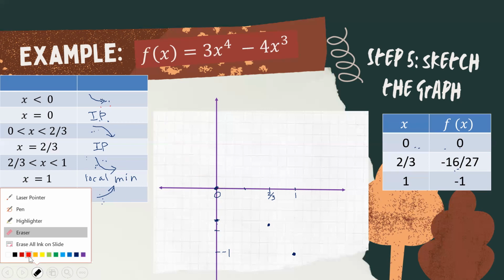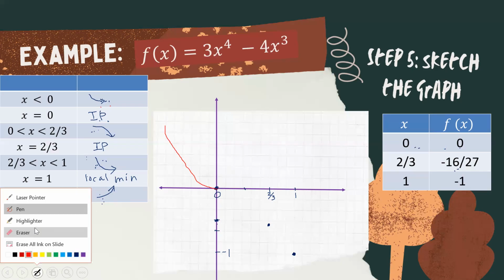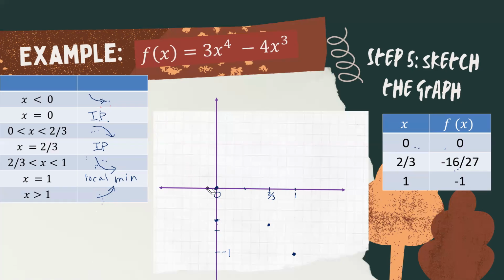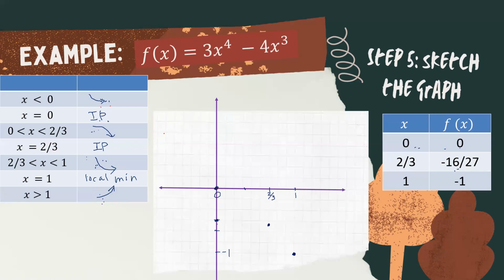Medyo nanginginig ng kaunti. So it's like this. Yan. Di talaga nagko-curve. Teka, ayusin ko pa. Pagandahin ko pa. Kunwari perfectionist. Naninipisan ako masyado dun sa pen. Pwede na siguro yan, no?